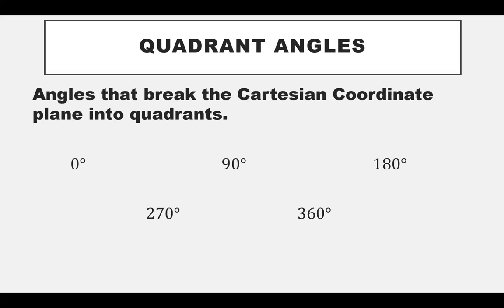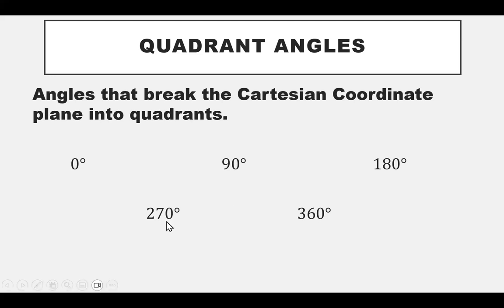So that's what you get when your terminal ray is aligned with the y-axis pointing up. 180 degrees, that's where our terminal ray and our initial ray form a straight line along the x-axis. By the way, like I've mentioned before, 90 degrees is pi over 2 radians. 180 degrees is pi radians. We kind of already knew that.